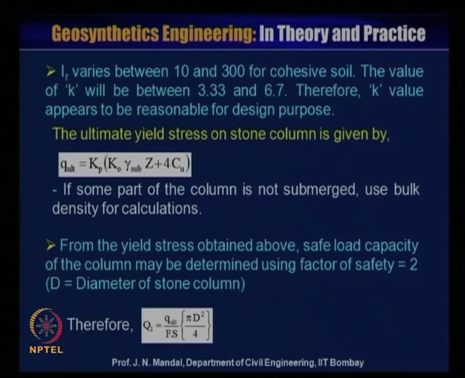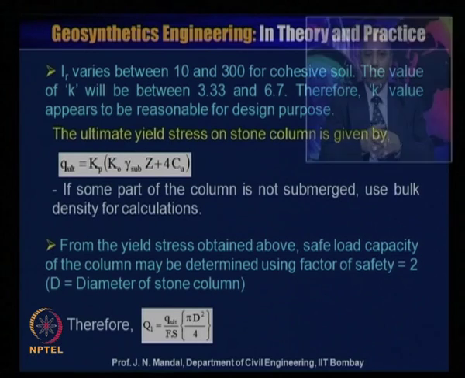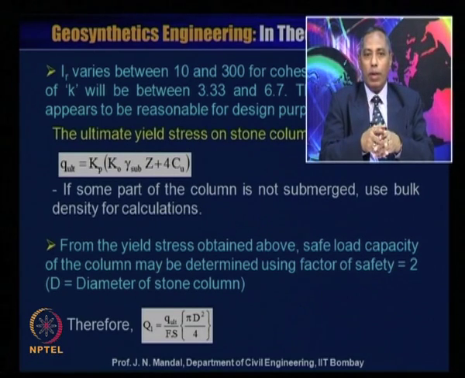The ultimate yield stress on the stone column is given by Q ultimate is equal to Kp into K0 into gamma sub into Z plus 4 into Cu. If some part of the column is not submerged, use bulk density for calculation.